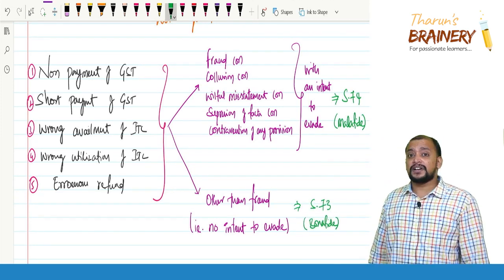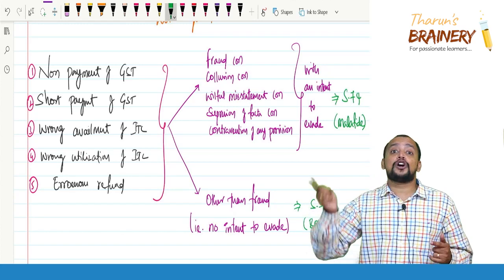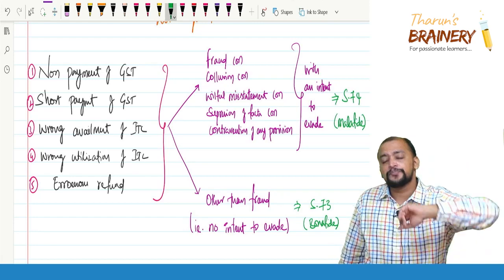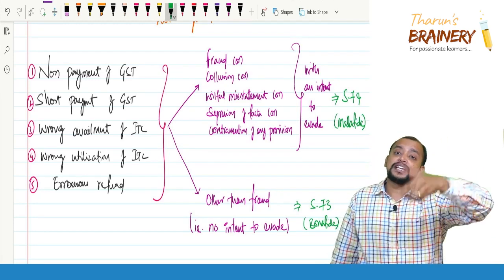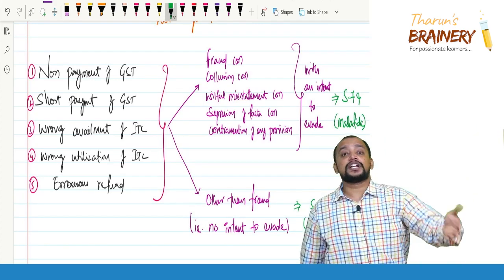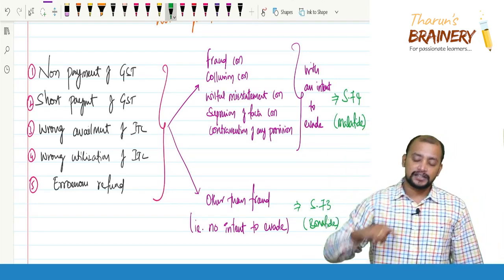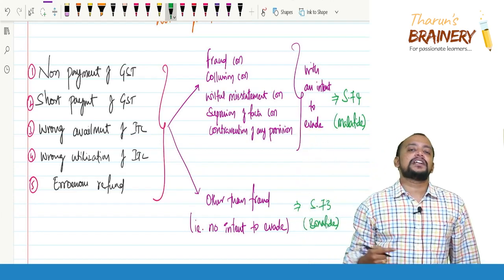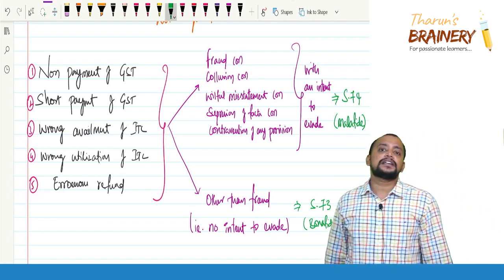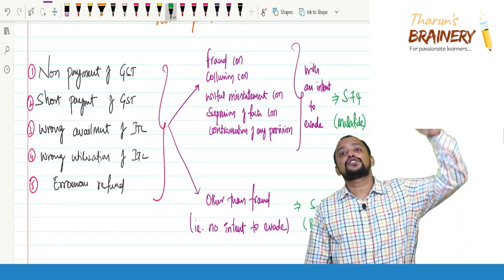Now in case of 73, the penalty will be under 122 subsection 2 clause A, that is 10% of the tax or ITC or refund or 10,000 whichever is higher. Whereas in case of malafide intention, the penalty will be 100% of the tax or ITC or refund or 10,000 rupees whichever is higher, like 122 subsection 1 penalty.